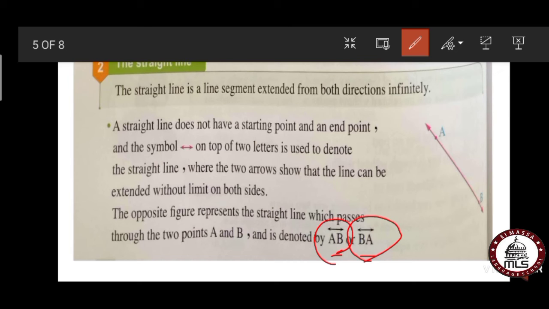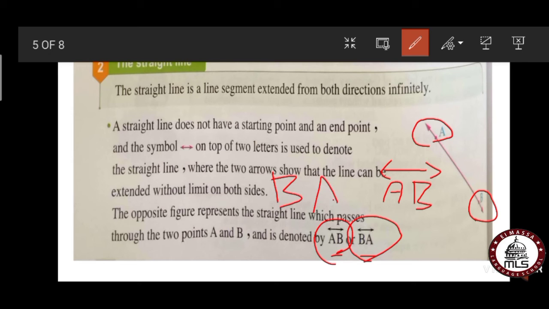Again, the straight line is a line segment extended from both directions. It has no start point or end point, and is denoted by straight line AB or straight line BA.